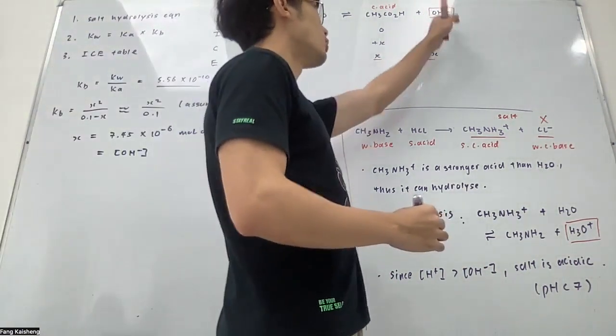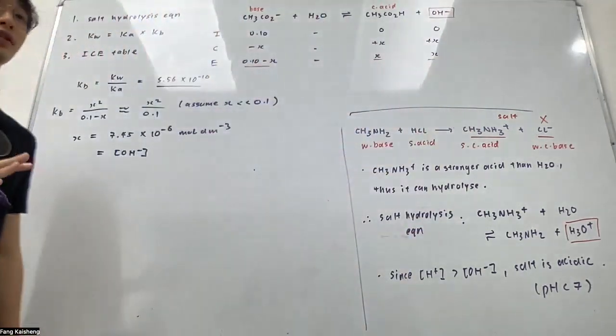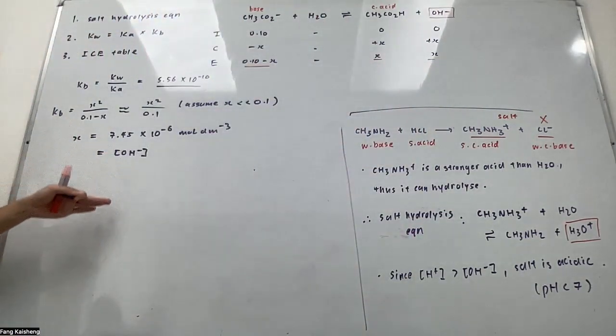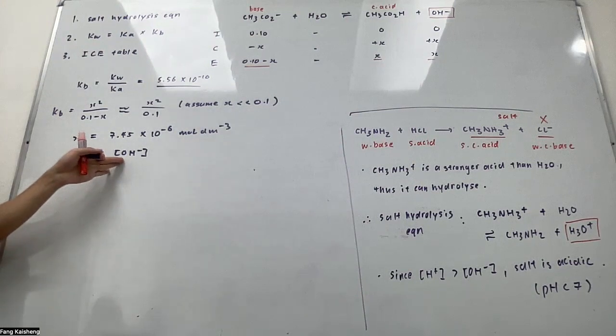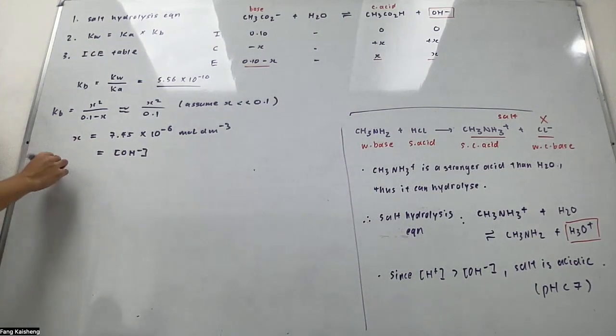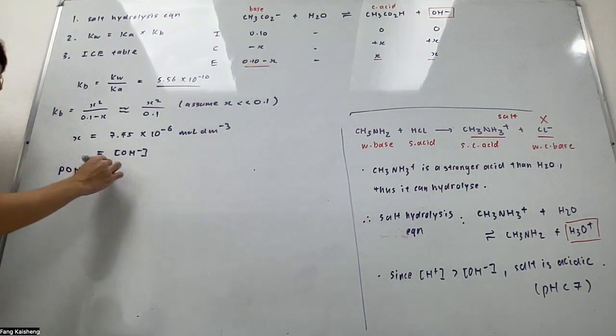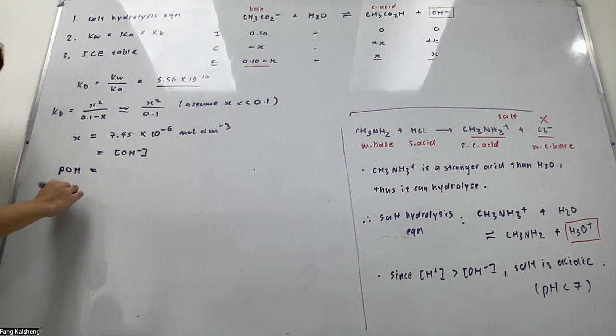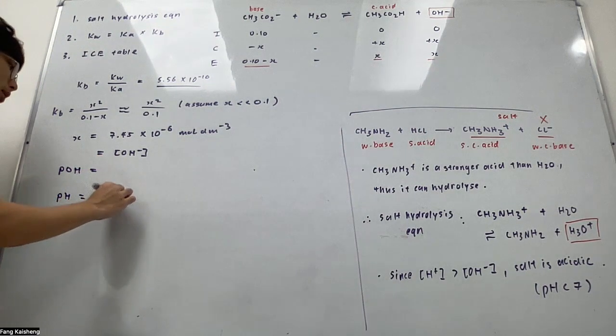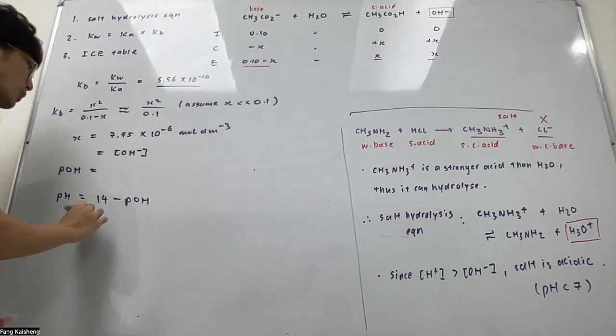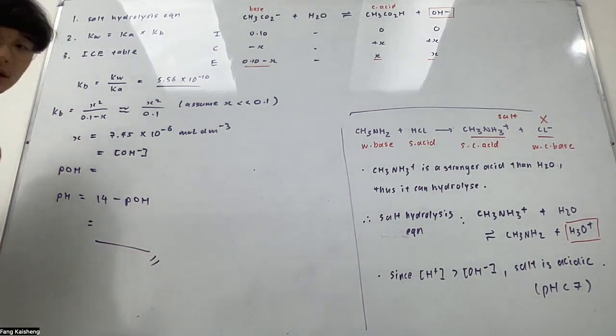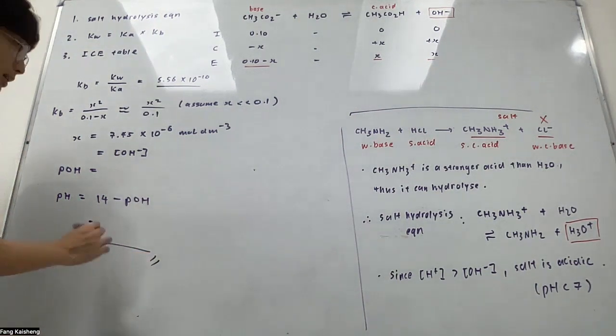This question wants us to find pH. You must find OH minus first, then you can work your way towards pH. But how do you work your way towards pH? What's the next step right after this? pOH first. After you find pOH, then you find what? Good. 14 minus pOH, we get pH. That's the final answer, and you should get 8.87.